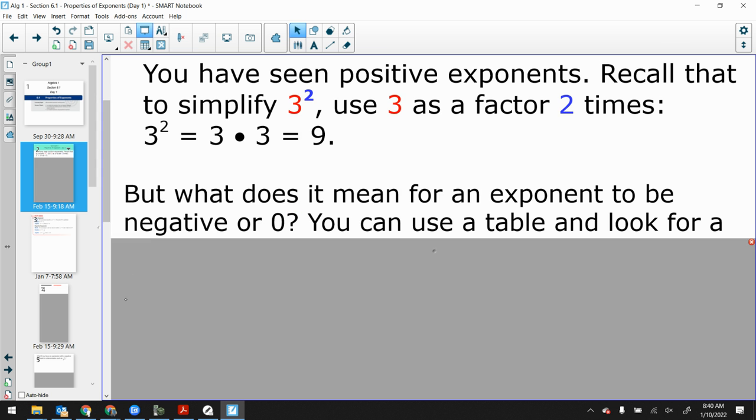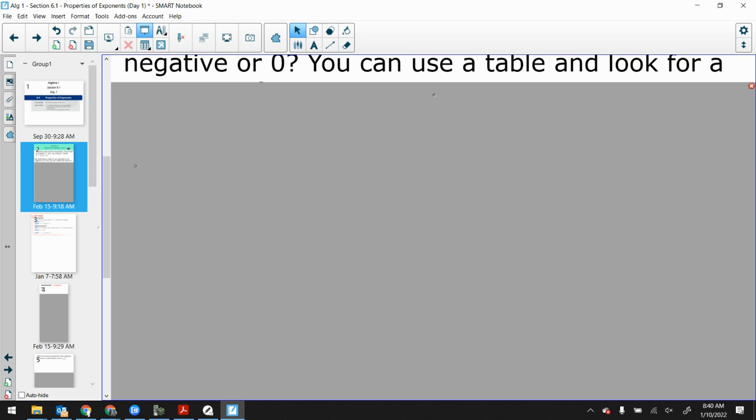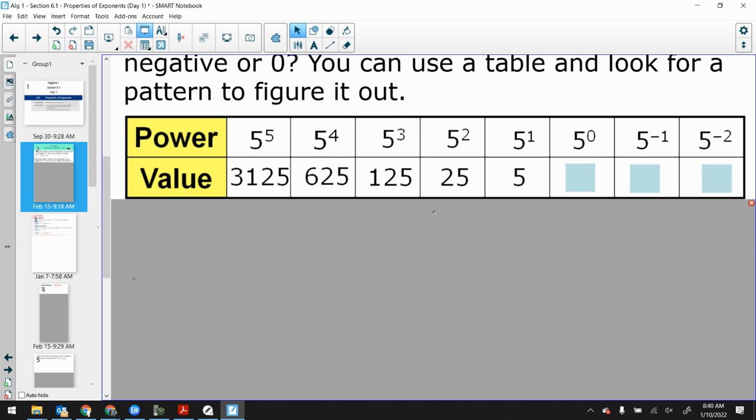So let's take a look at this table that you see on your papers as well. On your papers, it kind of gives it away, but there's a pattern that you see in the values. What's the pattern that we might be able to see? Gio? Times 5.